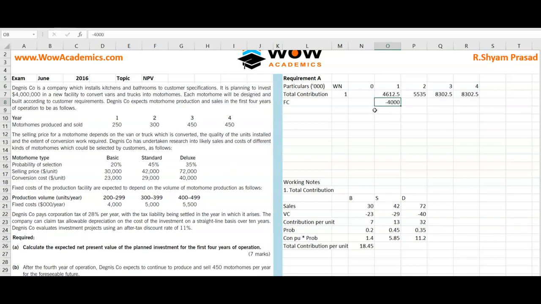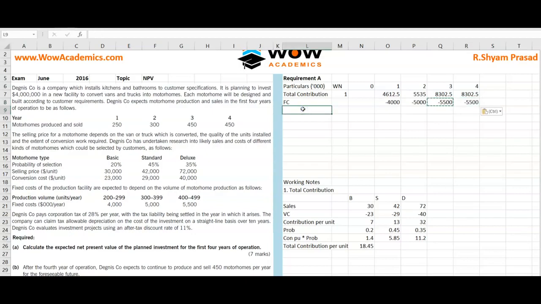So the next number would be 300 units. For 300 it is 5,000 fixed cost, and for 450 units it's going to be 5,500 fixed cost, and for again 450 units it's the same 5,500 fixed cost. So we can directly take it like this.